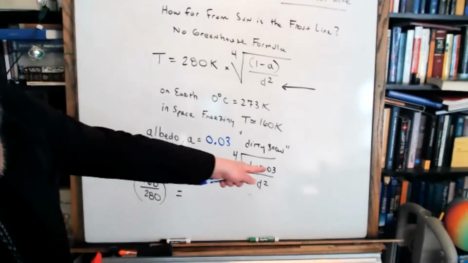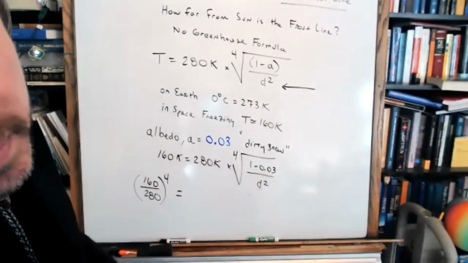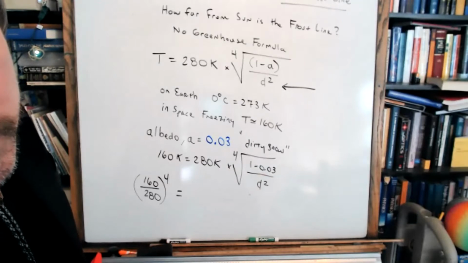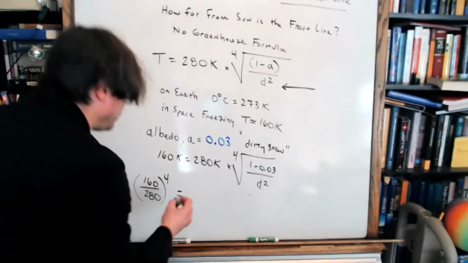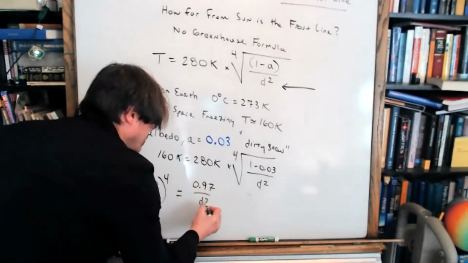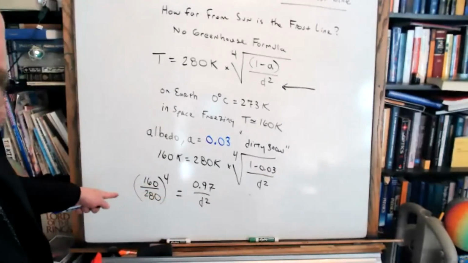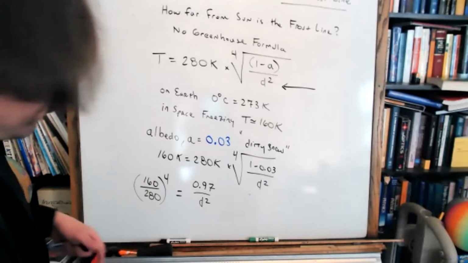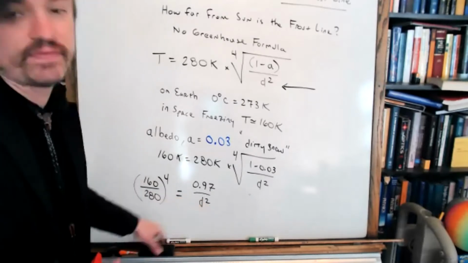You guys know what 1 minus 3% is, right? What's 1 minus 3%? 0.97, 97%. Now, we're going to flip the d squared up and the 160 over 280 down, and I'm also going to square root to get rid of the d squared.